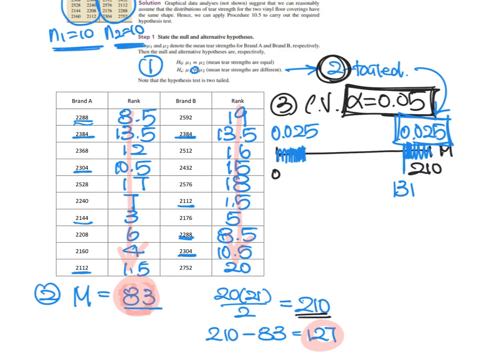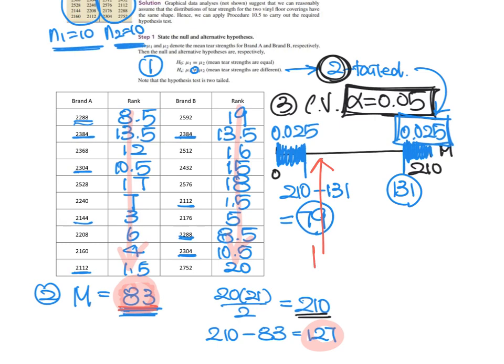But we have the smaller rank sum, so actually we need the left one. So it must be 210 minus 131, and that will be 79. So here the left end is less than 79, and the right end is bigger than 131. But the test statistic M is 83.